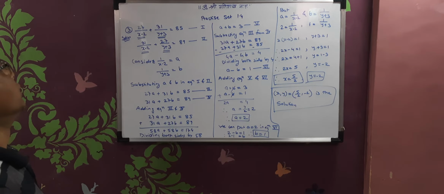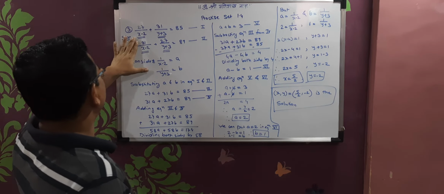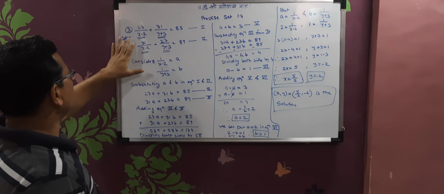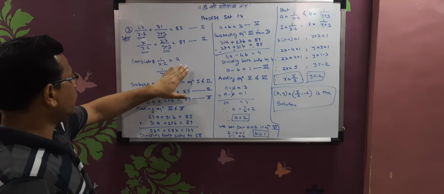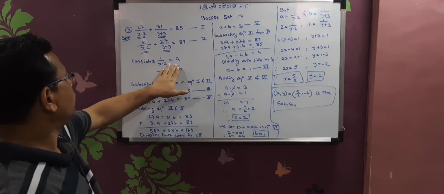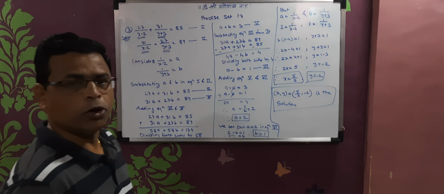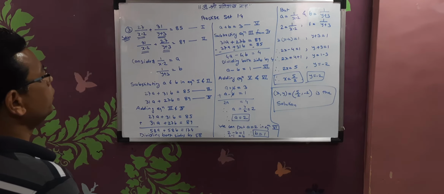So this is the solution of this problem. We have to convert these variables into new variables and calculate the values of a and b. Hope you have understood this problem.